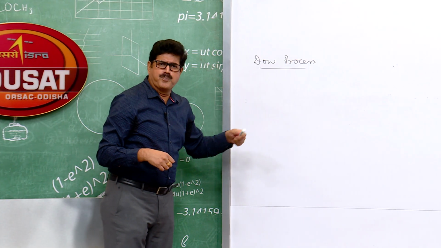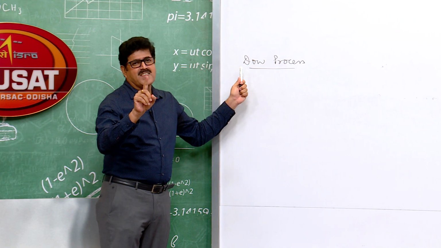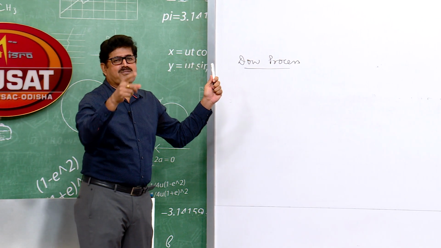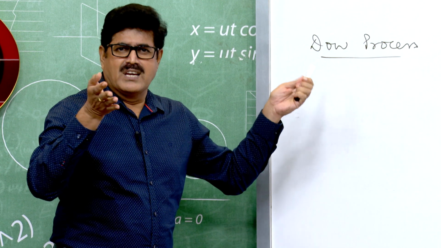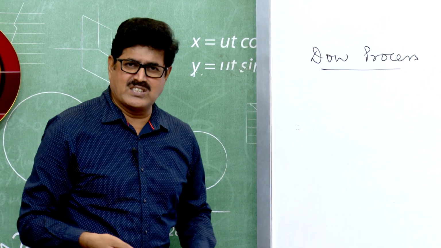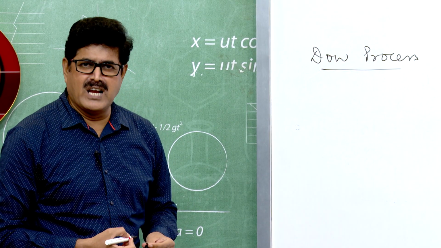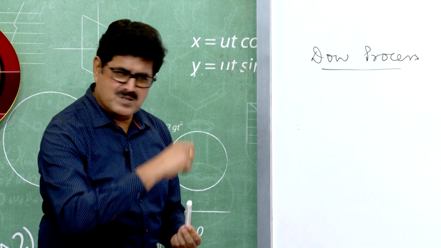Why is it called Dow process? Is it the name of a scientist? No, it's the Dow Chemical Company of USA, which first used this method to synthesize phenol on a large scale. So that is called Dow process.